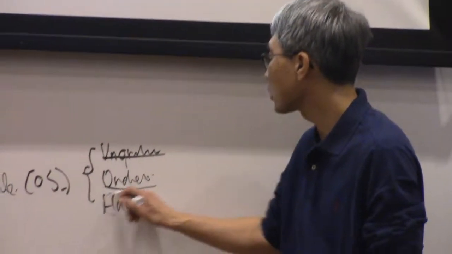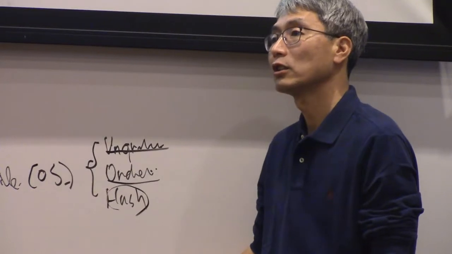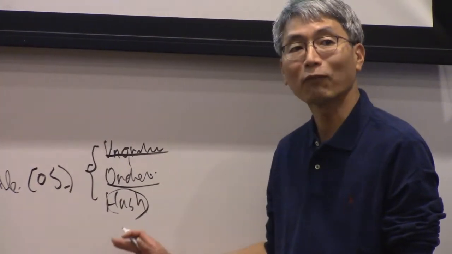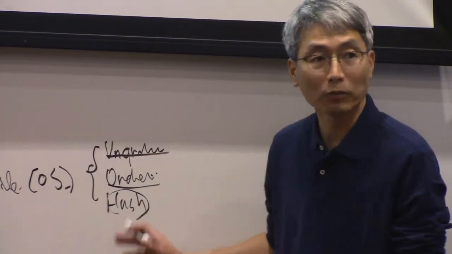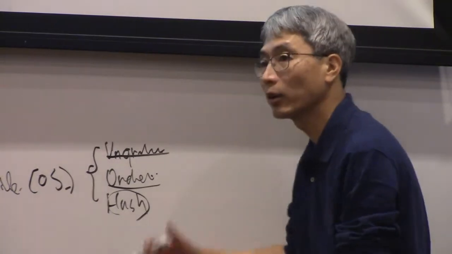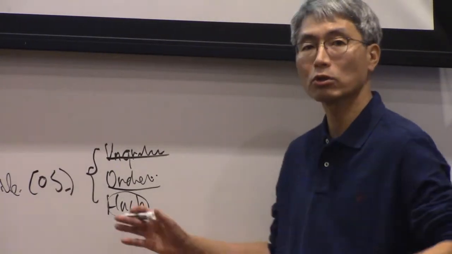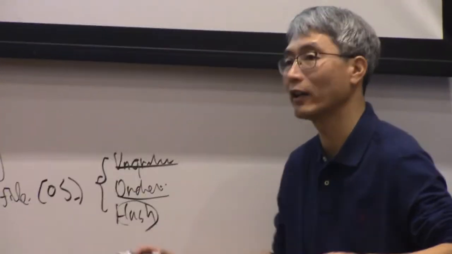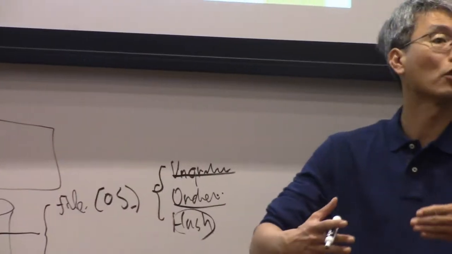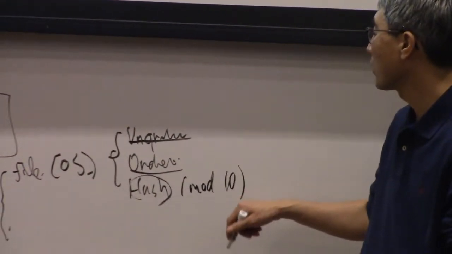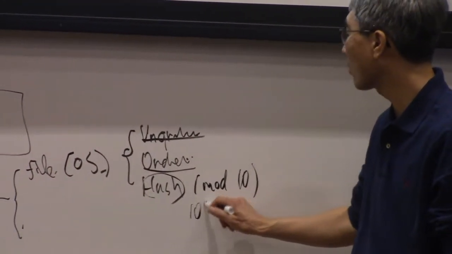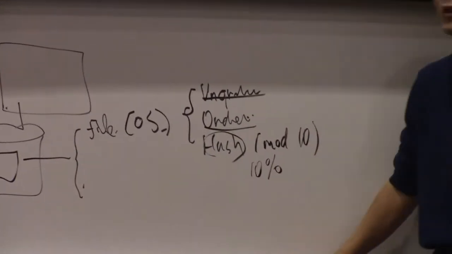And the hash file uses a hash function, so a record can be classified into one of the hash buckets depending on your hash function. The idea of the hash file is you can narrow down the search area. If you are using modulo 10, as we talked about last time, your search area is roughly reduced to 10% of your data.